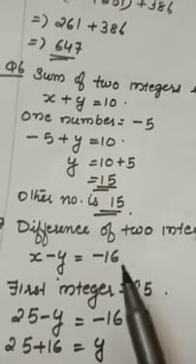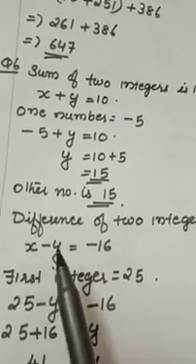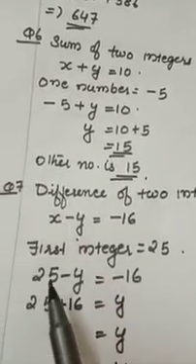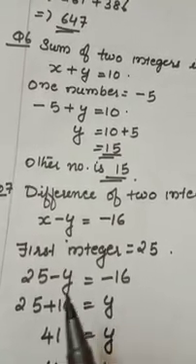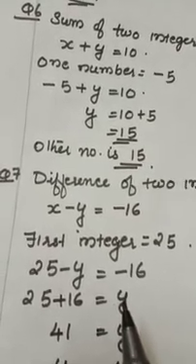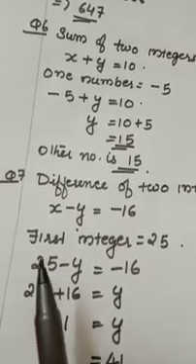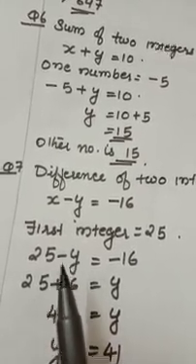Clear? Now the difference of 2 integers is minus 16. First integer is given, 25. My 2 integers are x minus y, and the difference given is minus 16. One of them, the first integer, should be 25. See. Here minus 16 will come here as plus 16. Here minus y will go there, plus 25. Okay. Otherwise, if you take 25 from here to here, 25 will come as minus, but you will not change this minus sign.